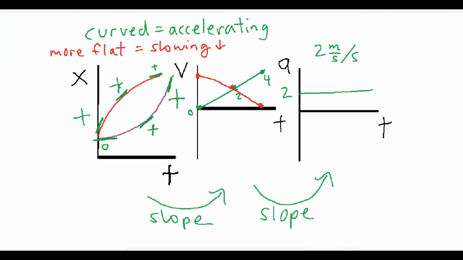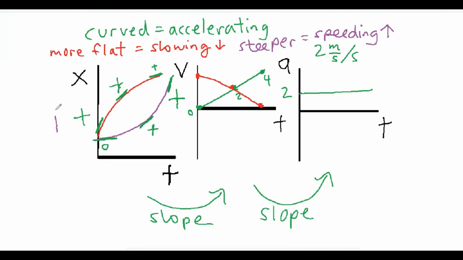That means it's speeding up. So let's go ahead and make a note of that. All right, I didn't leave myself a lot of space there, but if the line is getting steeper, it is speeding up.